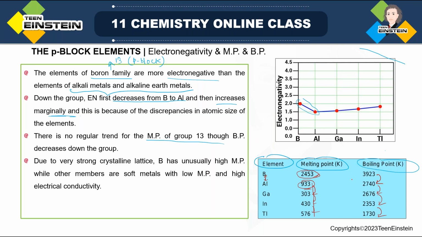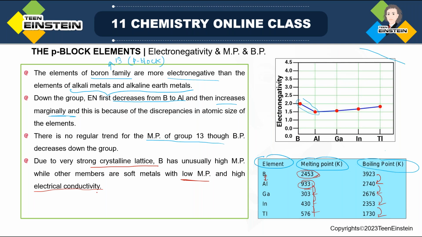Now, why can you see such a high value for boron, 2453? Why is it so? Because of a very strong crystalline lattice, boron has an unusually high MP. But other members, if you consider, they are soft metals. Their melting point is not very high, and they have high electrical conductivity.